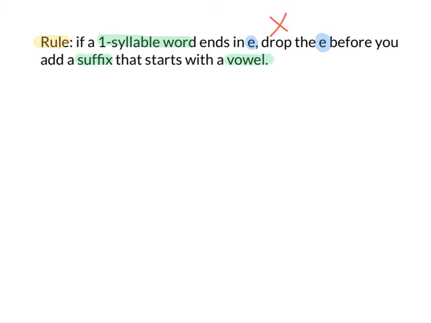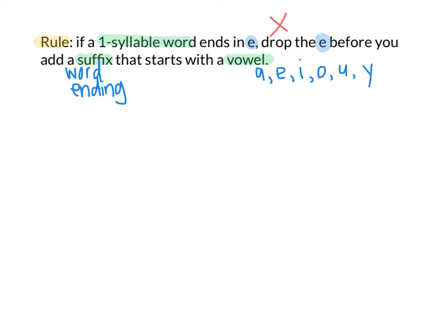So let's remind ourselves what a suffix is and what a vowel is. A suffix, in case you forgot, is a word ending, and a vowel, remember, is A, E, I, O, U, and sometimes Y if it makes the E or I sound.